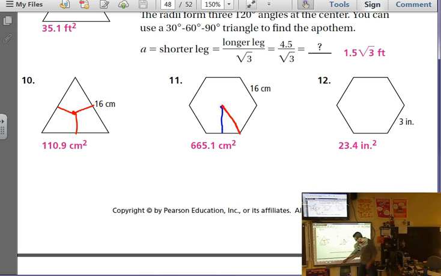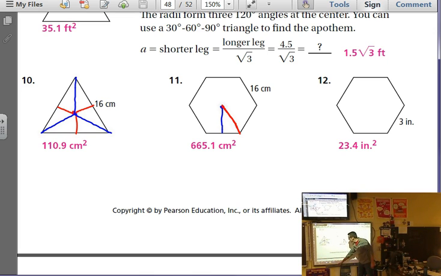So to think about this and make things simpler, we really look at this as being 3 triangles that we've made, where the apothem is the height of this bottom isosceles triangle. So if I find the area of this small triangle, I can multiply by how many of them I have and get that area.